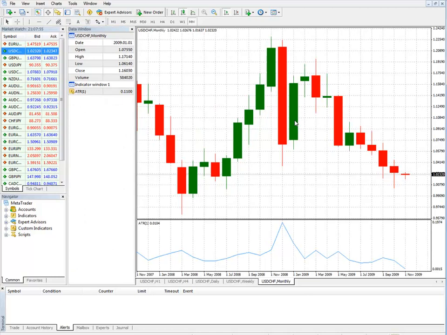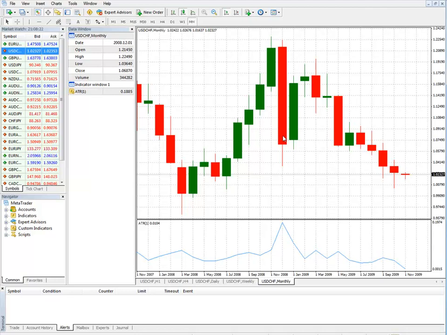Okay, this is a 1,000 pip bar. So if you're trading on either side of this, then you're talking about 1,000 pip. If you're going short, you're talking about 1,000 pip stop loss on the other side of that. If you're going long, you're talking about 1,000 pip stop loss on the other side of that. So the size of the bars, the magnitude of the move makes a big difference too.